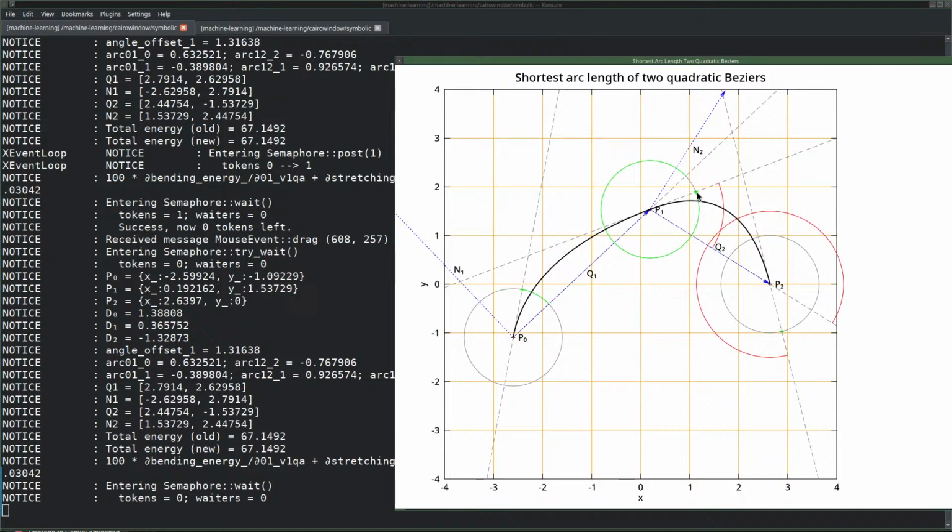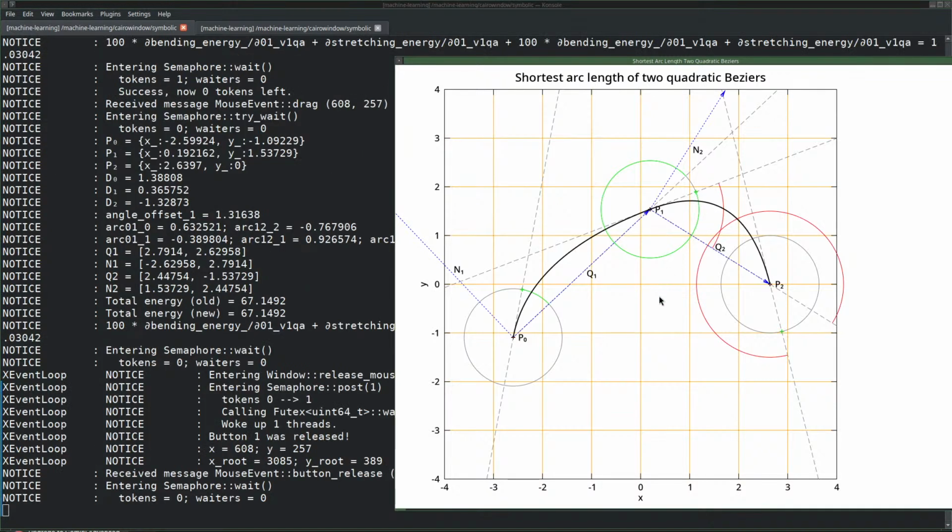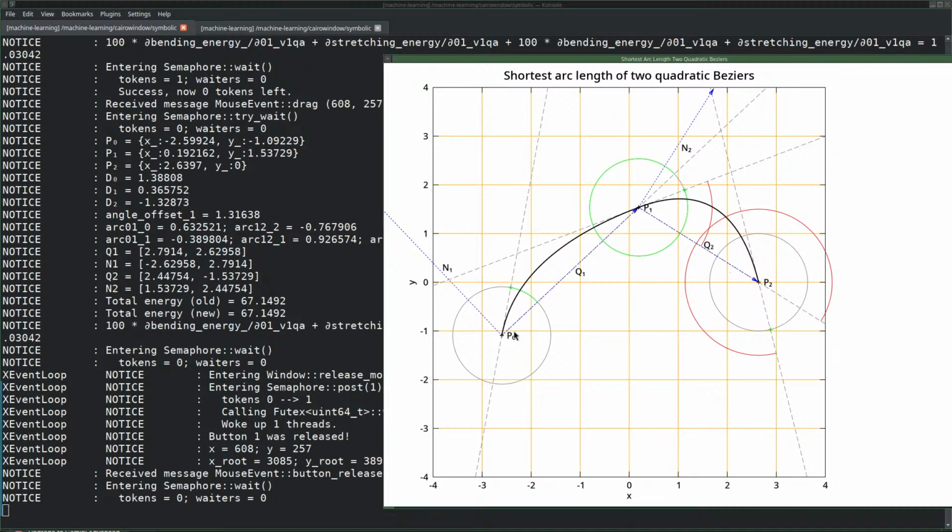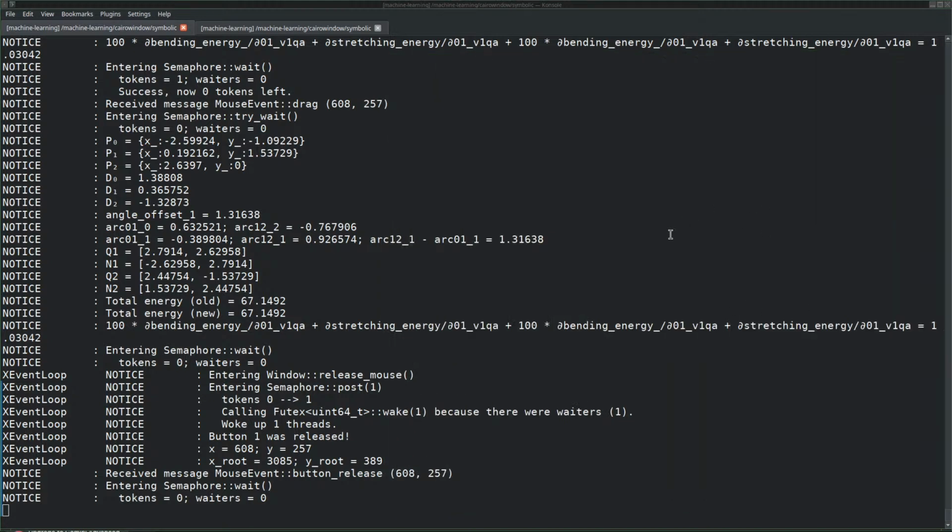Oh, there's a minimum here. 0.03. Wow. Strange. Strange. 0.03, I said.